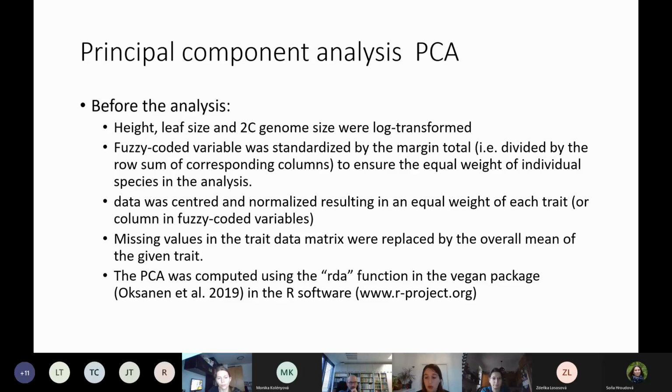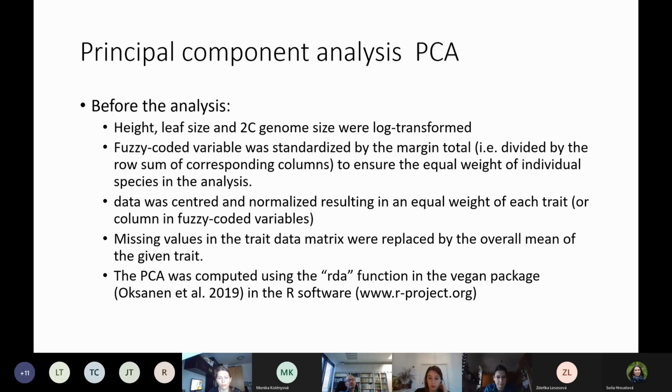So we would decrease the importance of each one of these fuzzy coded variables. And also for the missing values, we would replace them with the overall mean of that trait. That means that NA wouldn't change the final calculation or the final importance of that trait in the ordination.